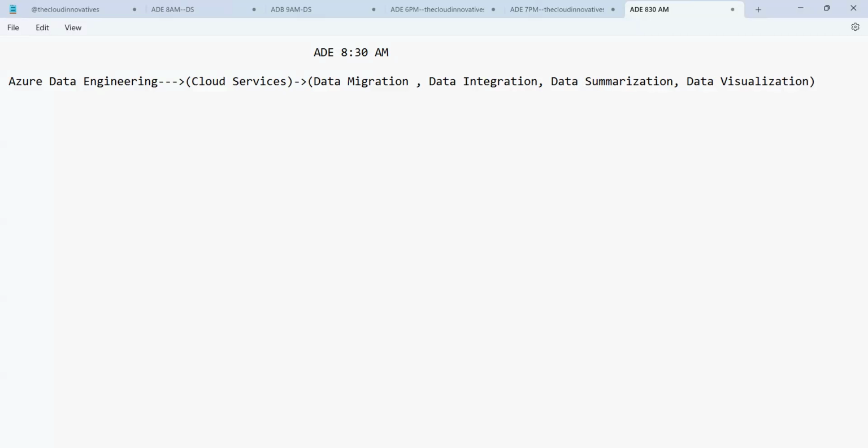So we have data migration, data integration, data summarization, and data visualization. These are all the cloud services we have, that means the jobs you can do by using the cloud services.